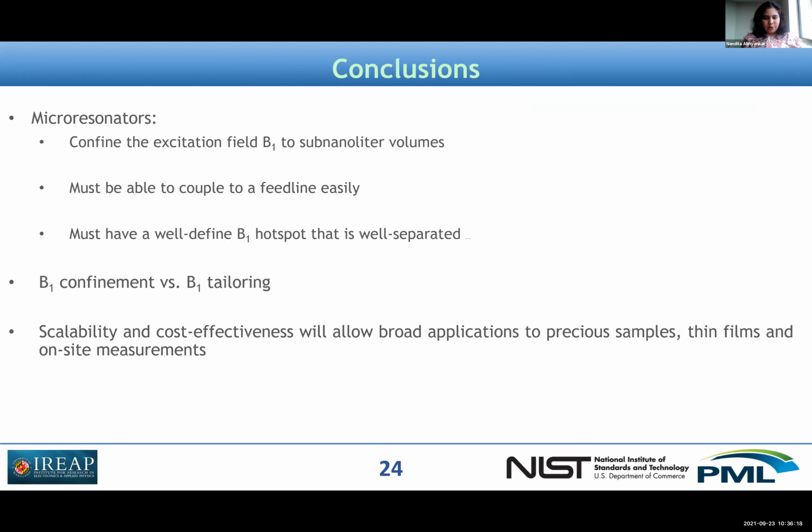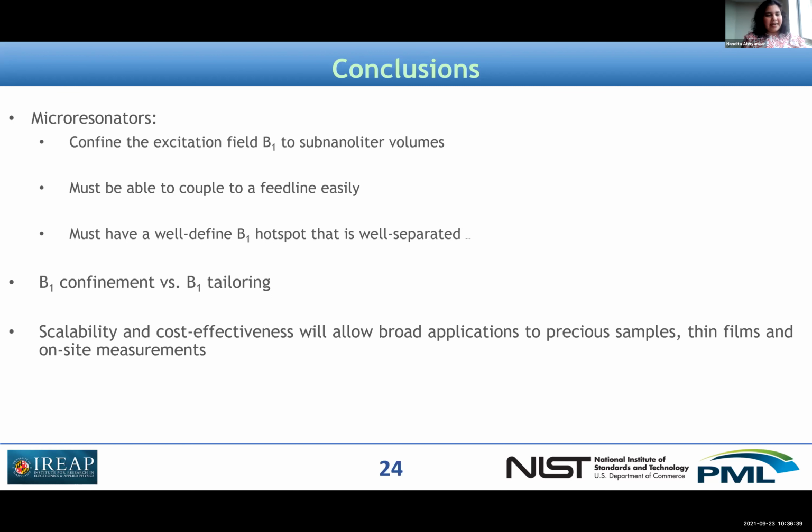So in conclusion, microresonators confine the excitation field B1 to very small volumes. But for EPR operation, there are some specific requirements: your sample volume needs to be a well-defined single spot, well separated from the electric field.